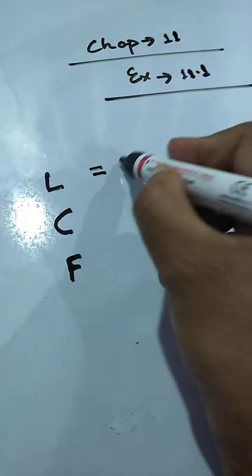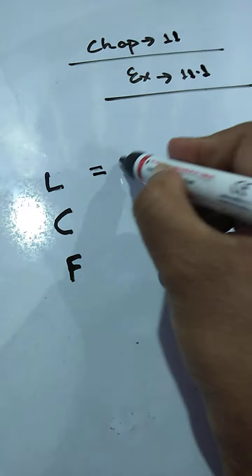Now for letter F, how many matchsticks are used? 1, 2, 3. So the rule will be 3n. Now they have asked you to relate. The rule followed for letter L is 2n.